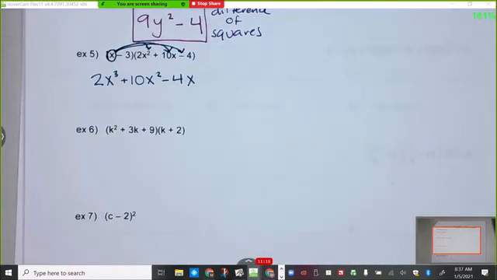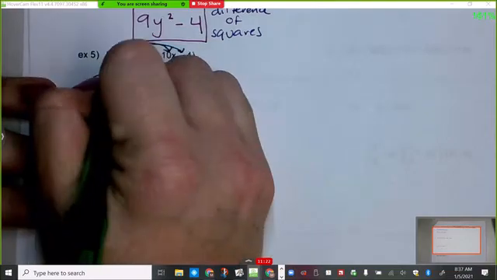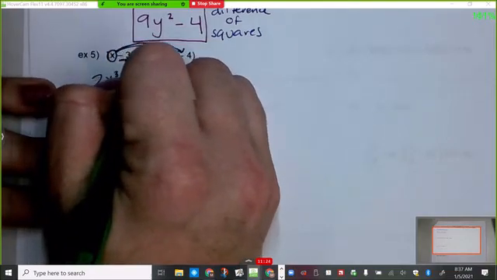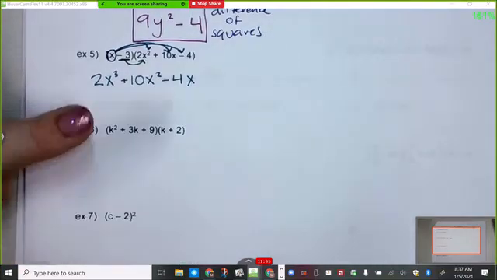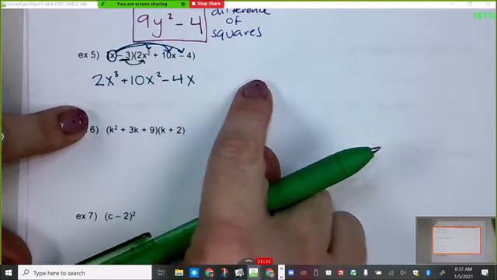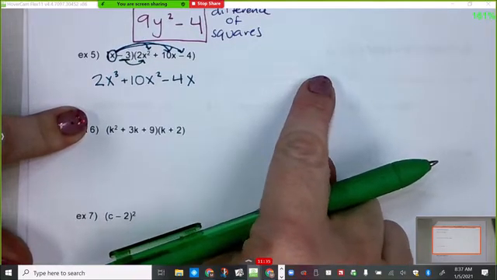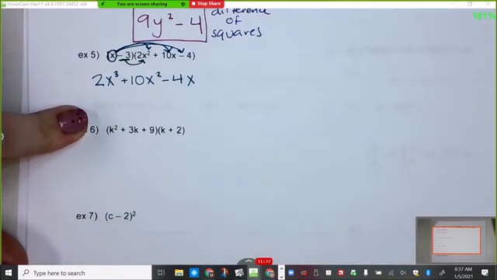Everybody okay with that? So again, I'm going to double distribute just 3 times instead of 2 like on the last problem. So negative 3 times 2x squared is what? Negative 6x squared. Now, normally we would write that over here, right? But I'm going to set it up a little different. I'm going to line up my like terms.